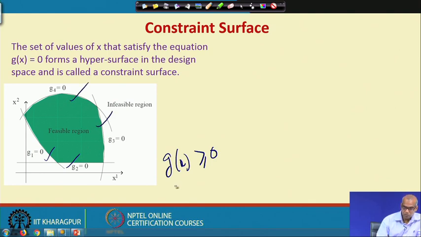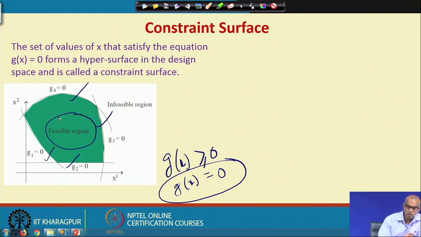So, you plot this g x equal to 0, and the region that is bounded by these 4 constraints, that means this green color region, is known as feasible region. So, your optimal solution must lie within this region, because the optimal solution has to satisfy these constraints. So, we have to find out the optimal solution within this feasible region.